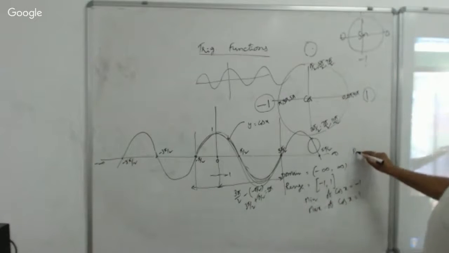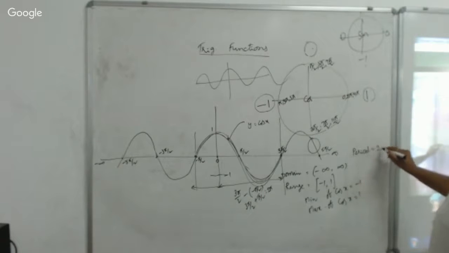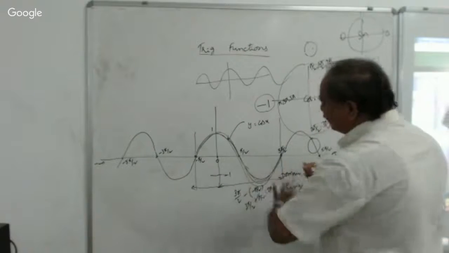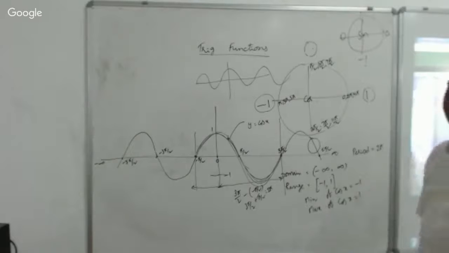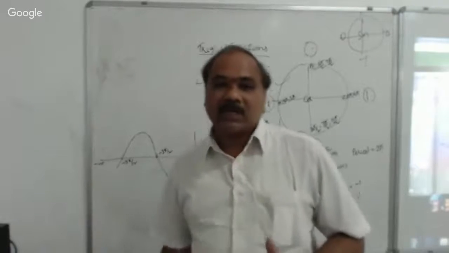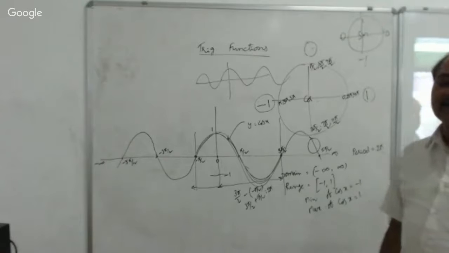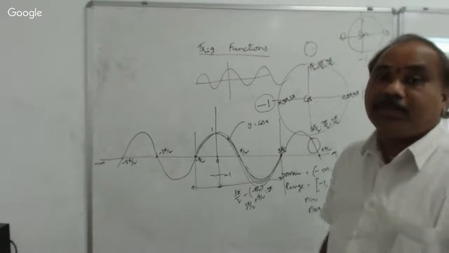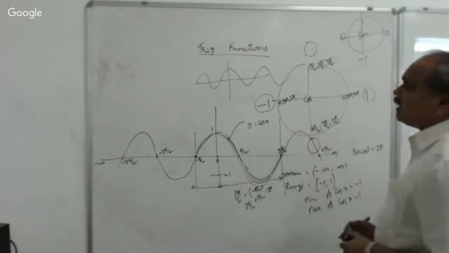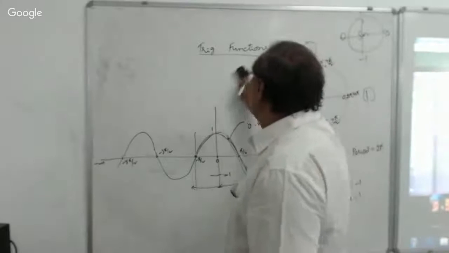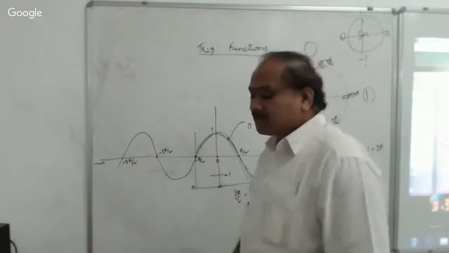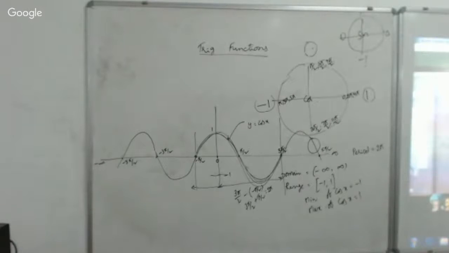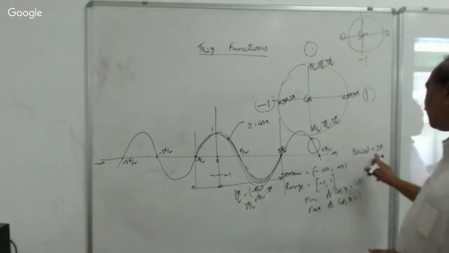It is a periodic function with period 2 pi, meaning a portion of length 2 pi keeps repeating. Therefore, if a graph repeats over its domain, those functions are called periodic functions. Both sin x and cos x have repeated graphs, which is why they are called periodic functions. The length of that repeated portion is called the period.